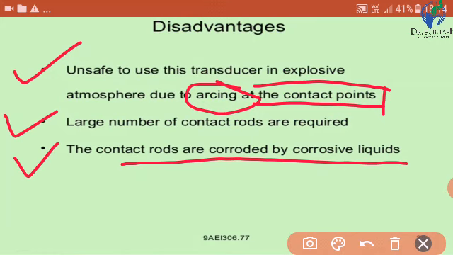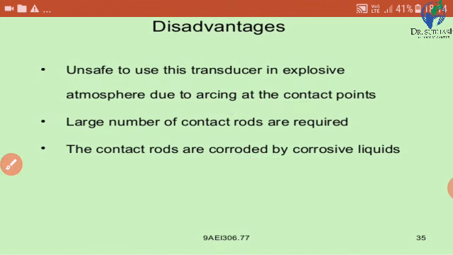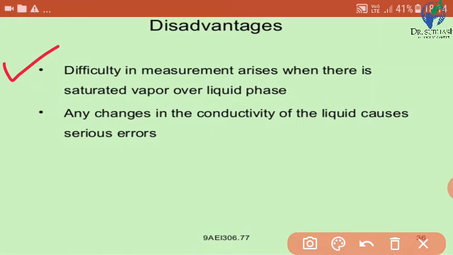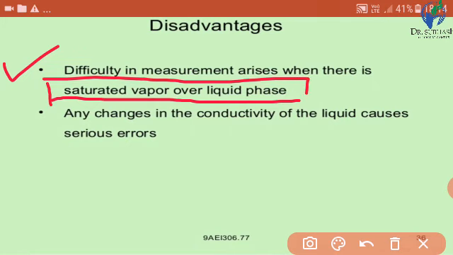So this is a disadvantage. Next one is difficulty in measurement arises when there is saturated vapor over liquid phase. So whenever there is saturated vapor over the liquid phase, at that time there is difficulty in measurement.